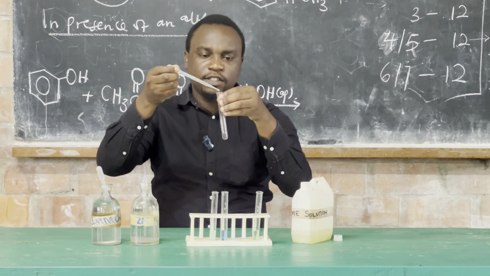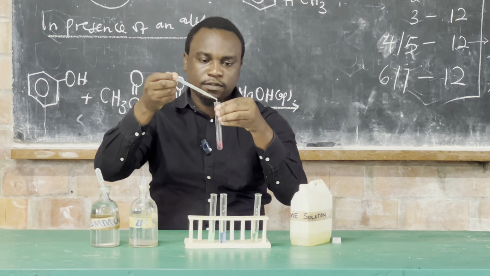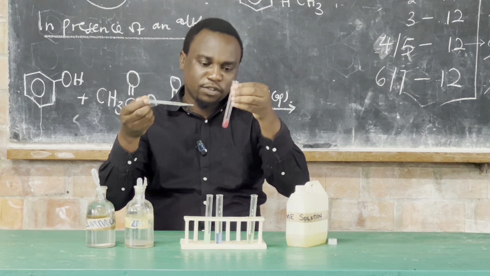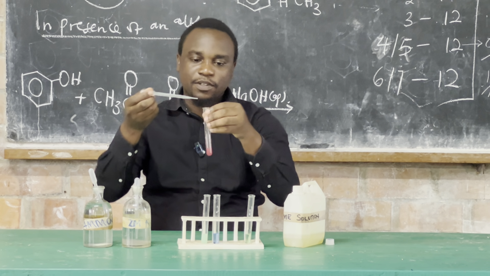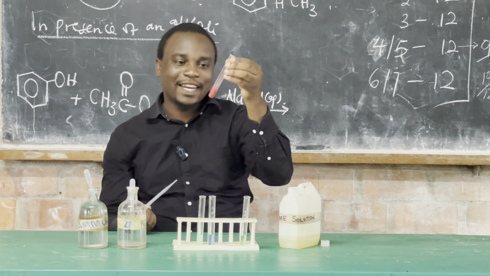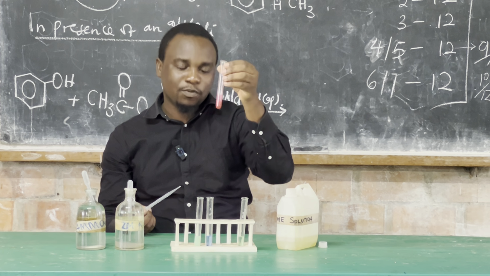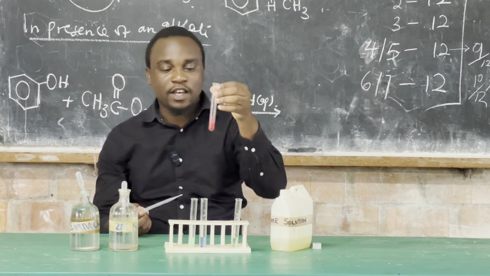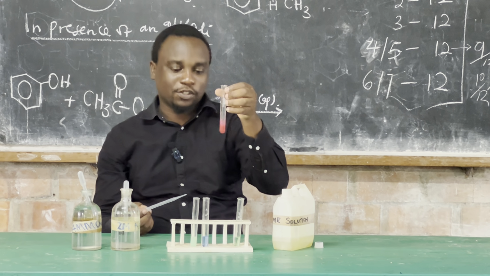So when we add drops of dimethyl glyoxime to the nickel 2 ion solution, we see a blood red precipitate. As you can see, this precipitate becomes blood red. So when we do this, we say that we have confirmed that nickel 2 ions are present in our test solution.